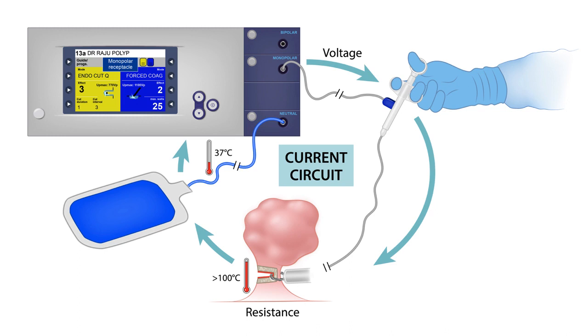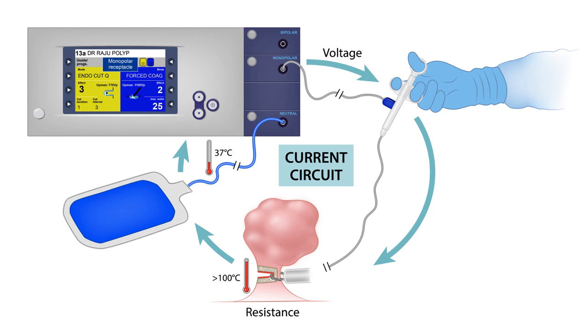The snare is connected to the electrosurgery unit with an electrode, and then from the snare the current flows through the polyp where one would perform the cut, and the current eventually goes back to the electrosurgery unit via a returning electrode.